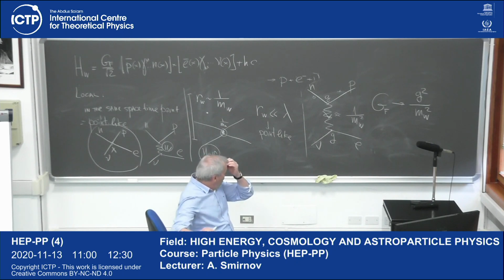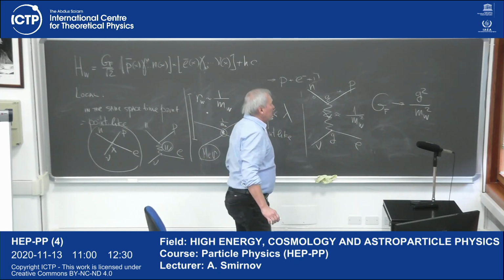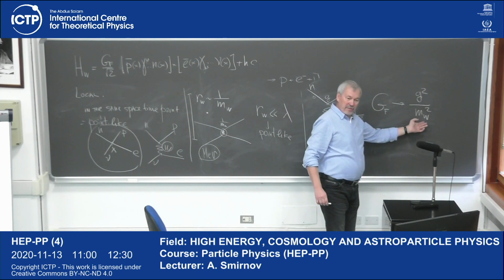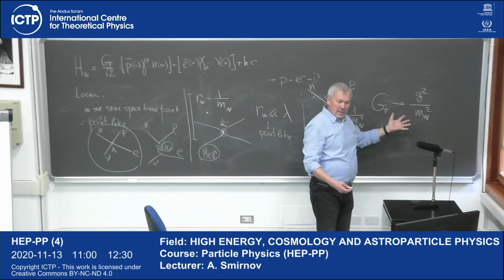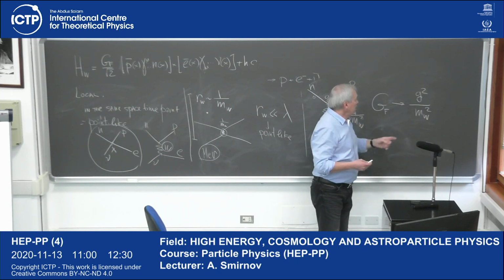Fermi even made an estimation of what the mass of the W boson should be, because you know what G Fermi is. You measured this, say, from the rate of decays.